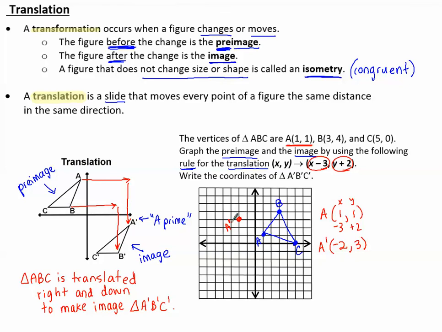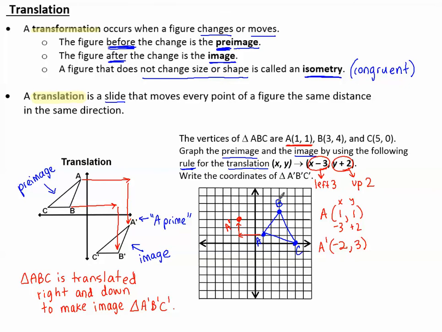Now notice, from point A, we could have said minus 3 means I'm going left 3 units. Plus 2 in the y direction means we're translating up 2 units. So from point A, I could have gone 1, 2, 3 to the left and 2 up to find that coordinate as well.